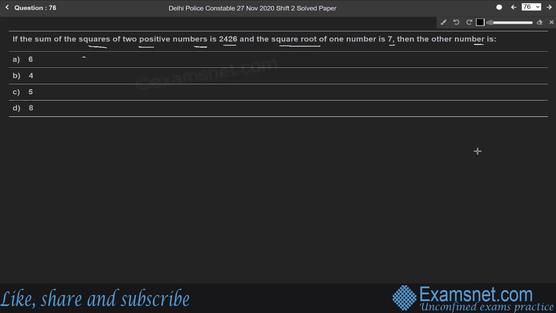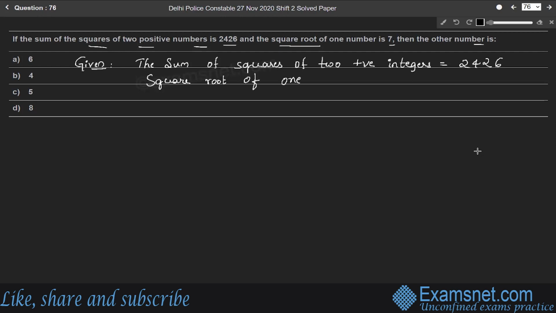So, here given, the sum of squares of two positive integers is equal to 2426, and the square root of one number is 7, right?